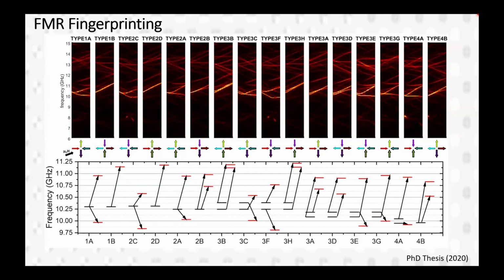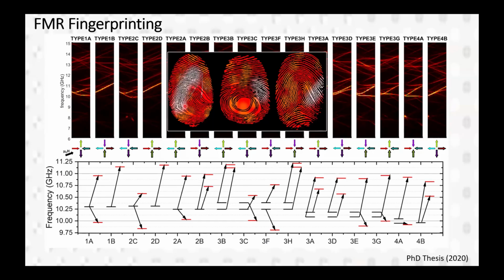Essentially, this gives us a fingerprinting tool. Because of the differential fabrication, it breaks the degeneracy of each state. So by applying the field at a slight angle, the FMR spectra for all of these different states is unique. This is a very effective fingerprinting tool for finding out what the state of your artificial spin ice is.